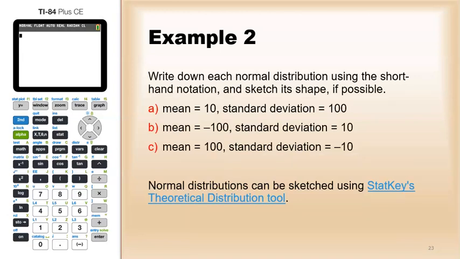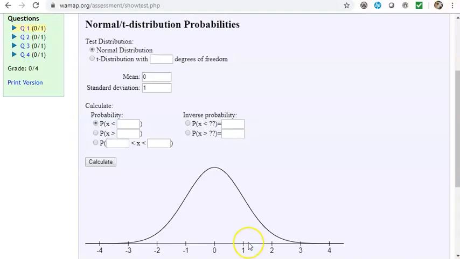All right, so if you're going to sketch some normal distributions using the shorthand notation and sketch the shape, well, suppose the mean was 10 and the standard deviation was 100. Now, I gave a link on this page for StatKey. I also have a calculator embedded in the homework. You can use that as well.